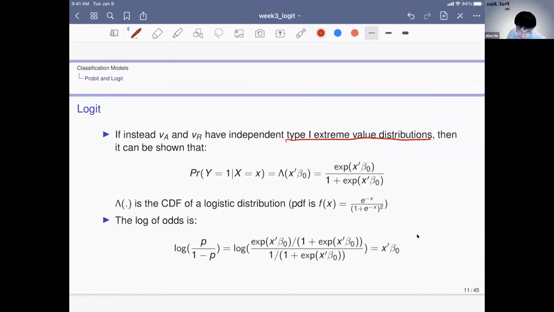That distribution has a CDF that equals exactly this function, which we saw before for logit. And again, we have already discussed that this function is increasing in x, and it only takes values between 0 and 1.